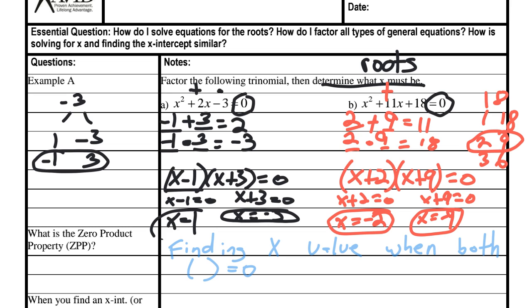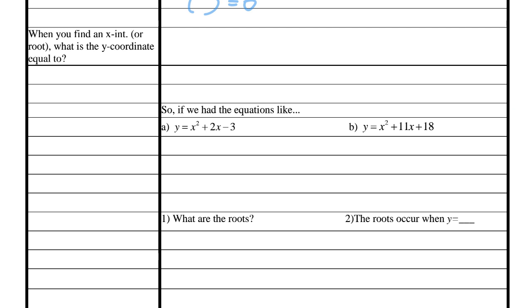Okay, product, remembering multiplying. So we are looking for two numbers that multiply to 0. Not really super important, just as long as you remember the steps. Next question, when you find an x-intercept or a root, what is the y-coordinate equal to? Okay, so remember when we were looking at our roots, it was always some number, comma, some other number. Well, what was that y-coordinate? Well, that y-coordinate was always 0. So it was always y equals 0. Hence why we call it the zero product property.